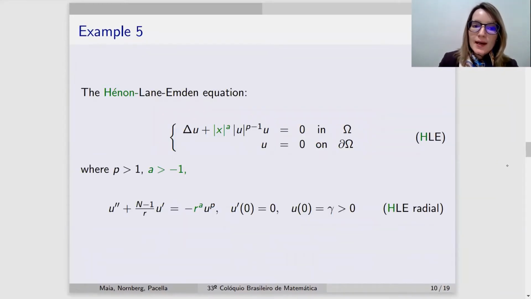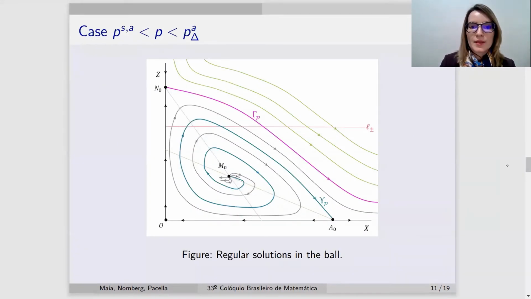And another example, which is very simple in this case, just to look at the singular solutions, is the Hénon equation. In the case that P is between PS and PA delta, we have seen that this is the flow.